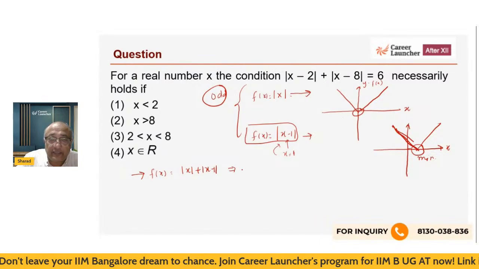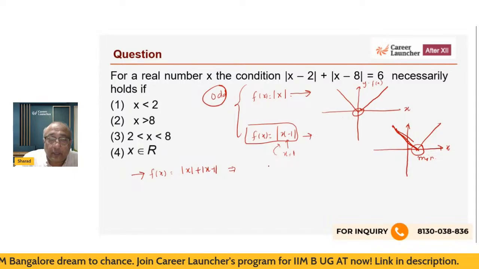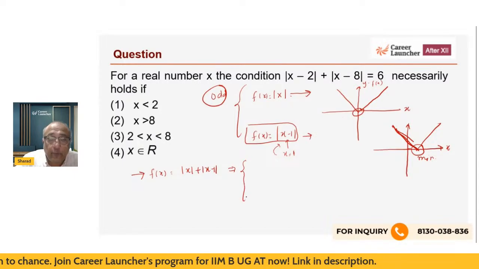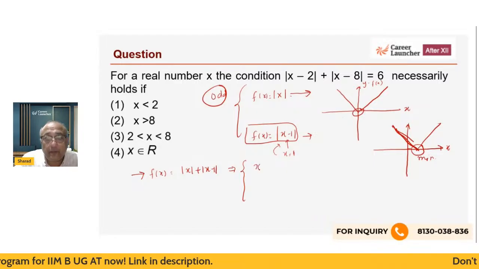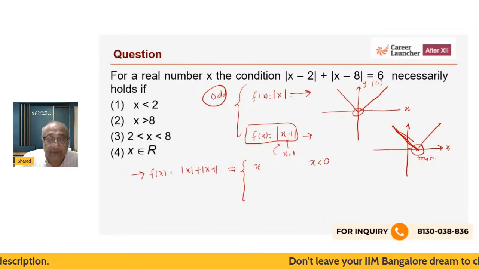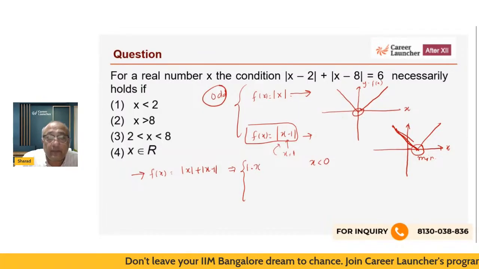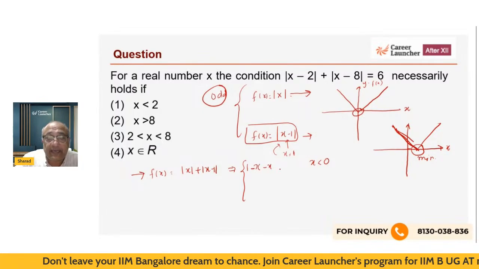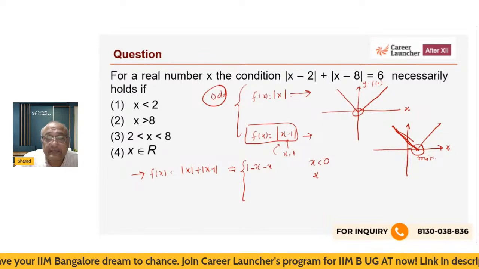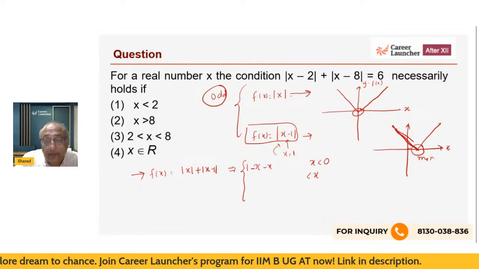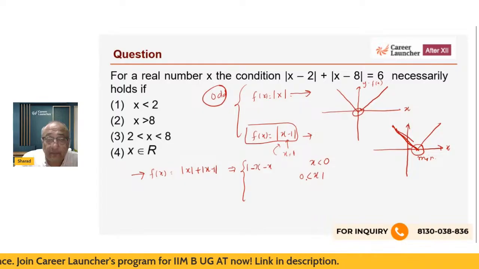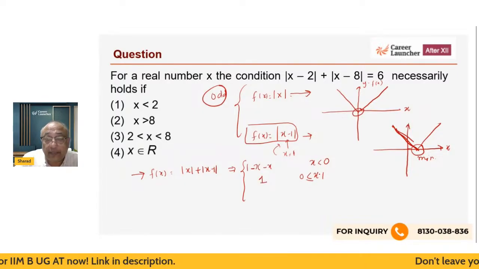Let me do some basic maths for you, and then we will go further. If x is less than 0, then it will be 1 minus x minus x. And if x is between 0 and 1, then value will be 1 only.